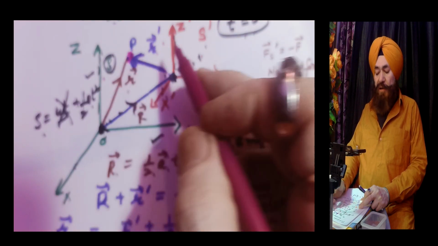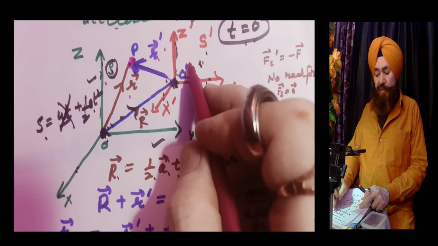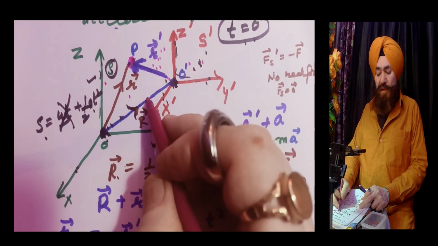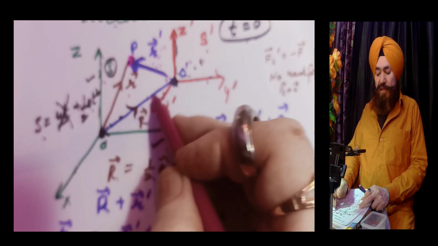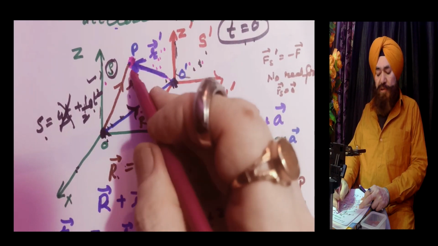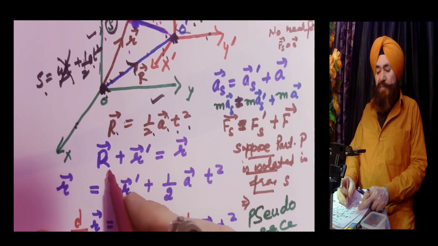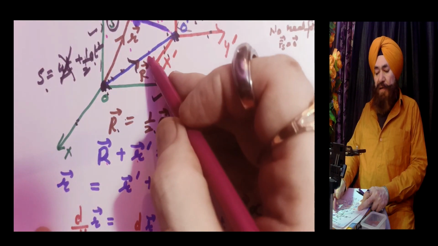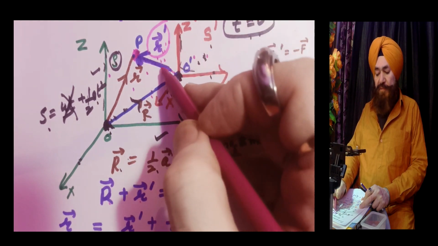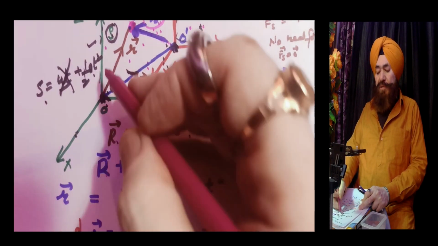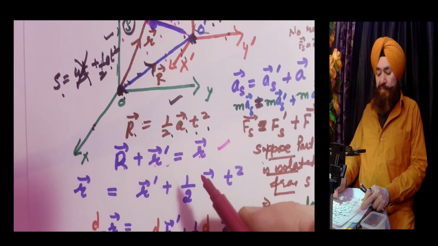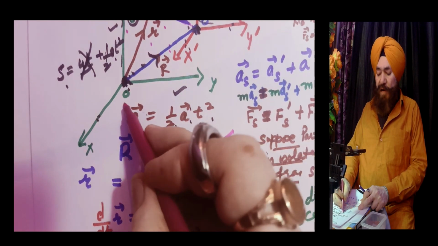The same particle observed from the red frame has position vector r dash. Now what is the relation between these three? Triangle law. This vector and this vector are in the same order, this is in opposite order. So it becomes R vector plus r dash vector equals this vector, r vector. Now substituting the value of R vector here.